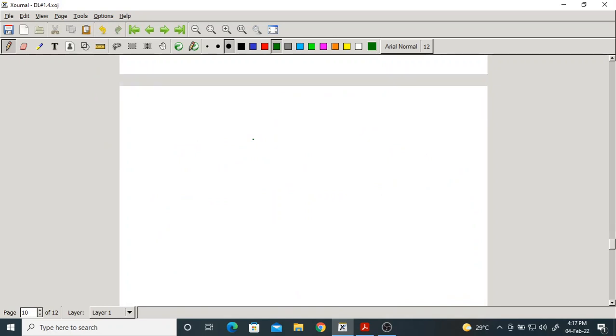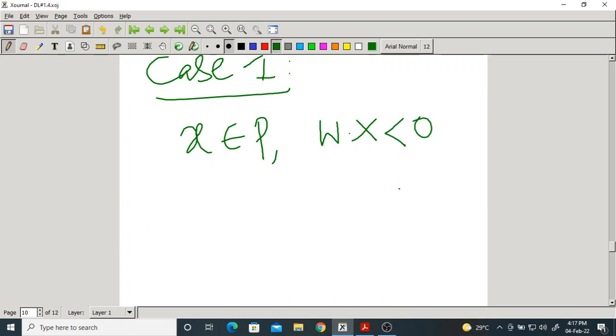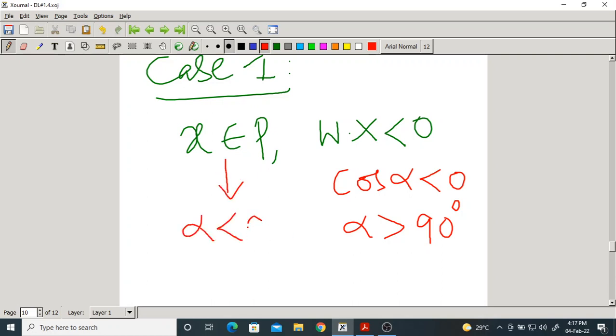Case 1. So X belongs to P, but the dot product is less than 0. So whenever the dot product is less than 0, cos alpha is less than 0, which means alpha is more than 90. But whenever X is positive, alpha should be less than 90 degrees.